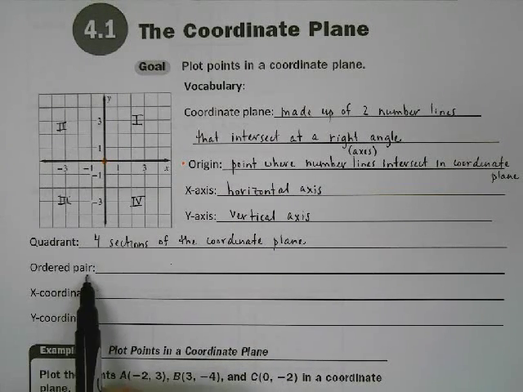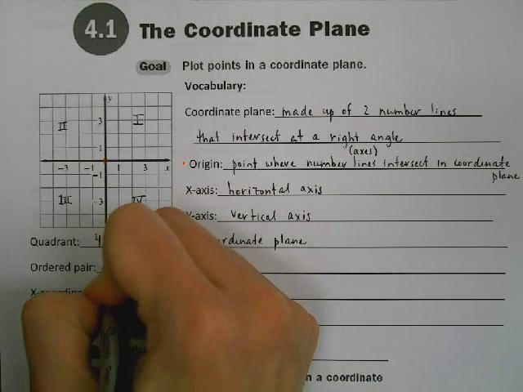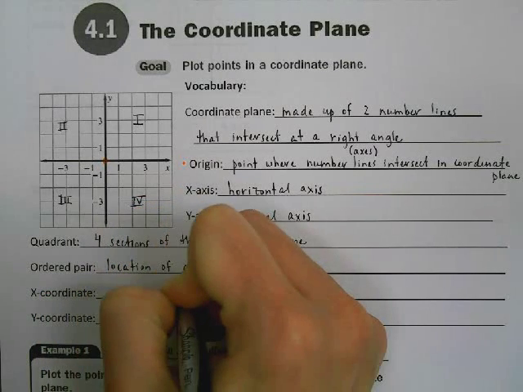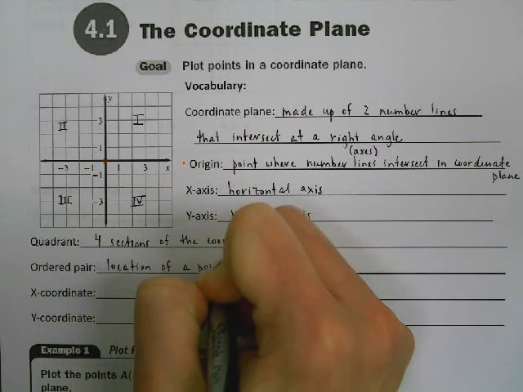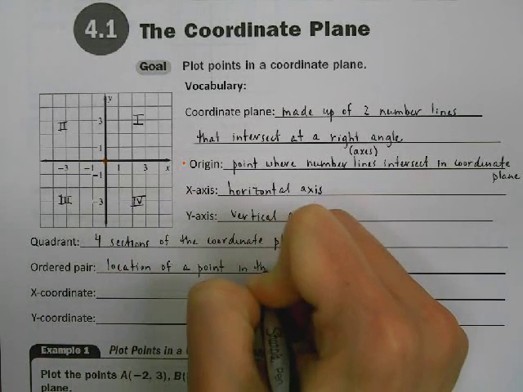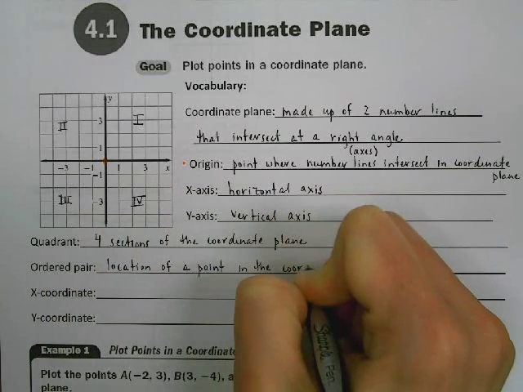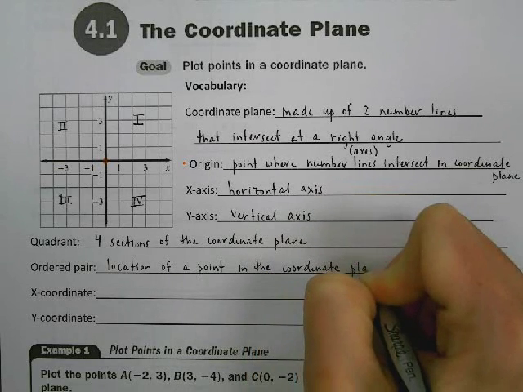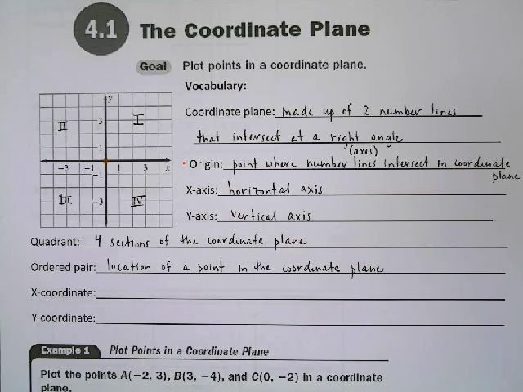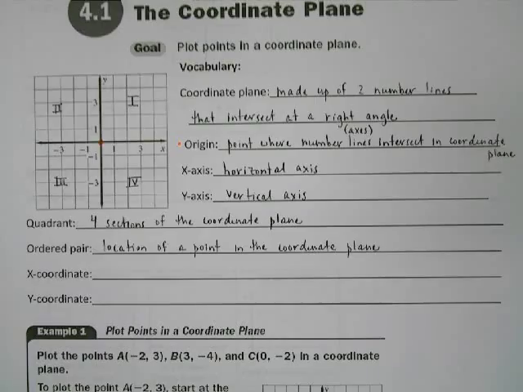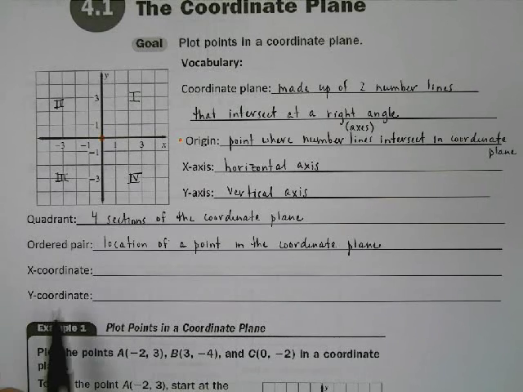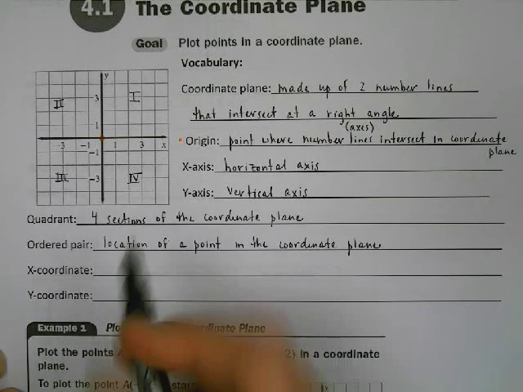Now, ordered pairs give us the location of a point in the coordinate plane. That's all that an ordered pair is doing. That ordered pair is made up of an x-coordinate.